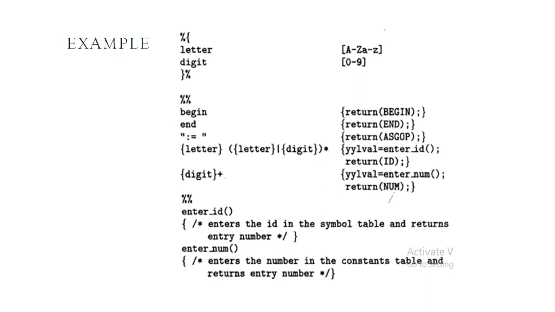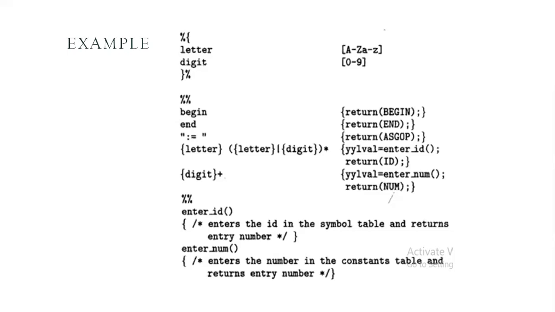Now next is digit plus. Now you know what is meant by plus. Plus means at least one occurrence, and more than one occurrence. So one or more is nothing but plus. So we can say that the entered number is a constant, or it is a number, if there is at least one digit. Digit can be 0 to 9 and it can be a combination of that. So 1 is a digit string, 10, 100, 1234 is also a digit string.